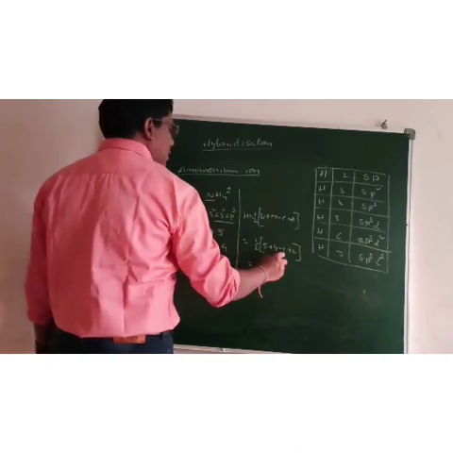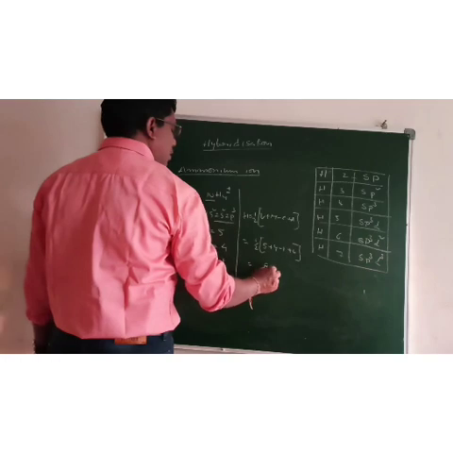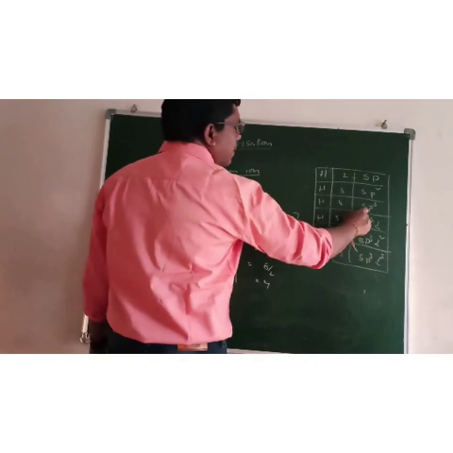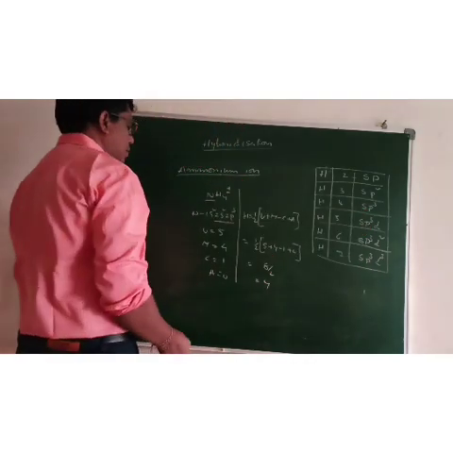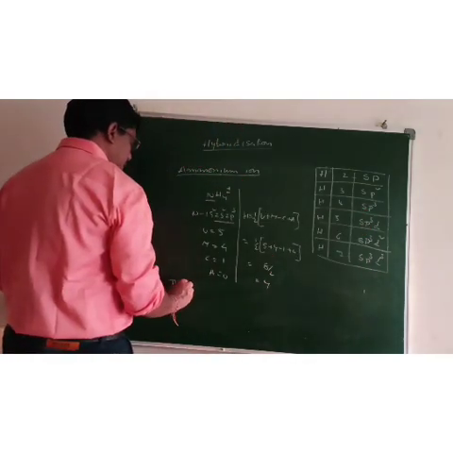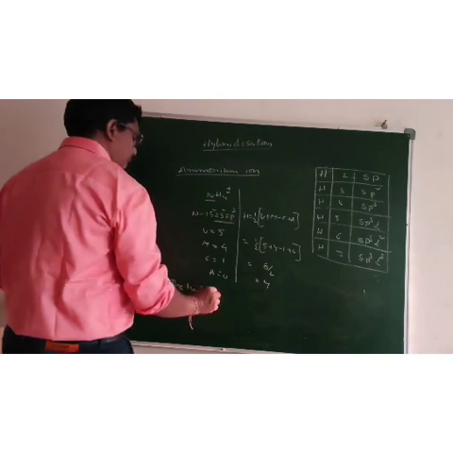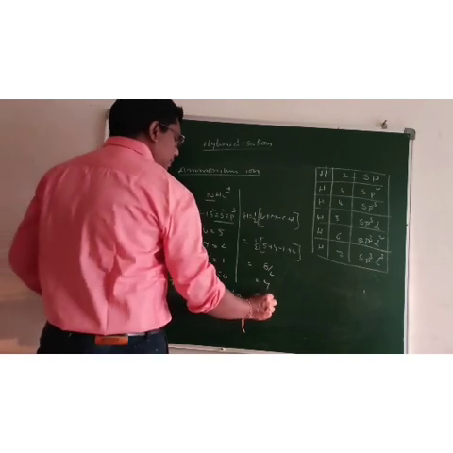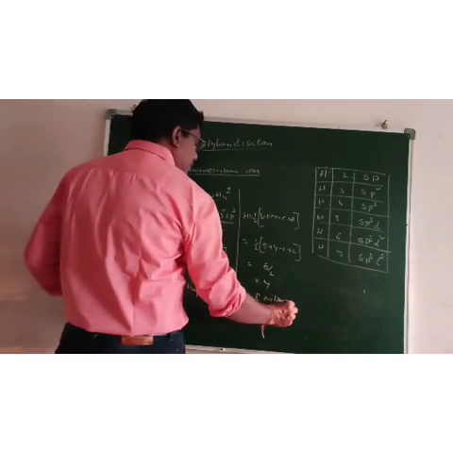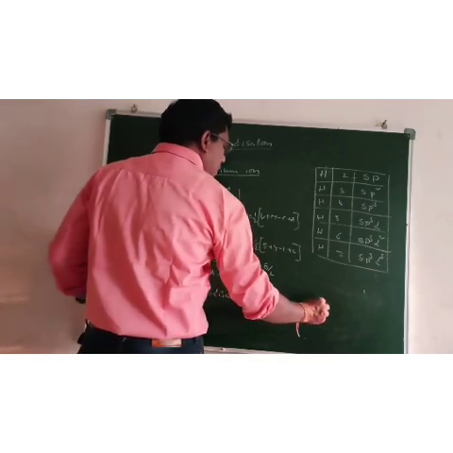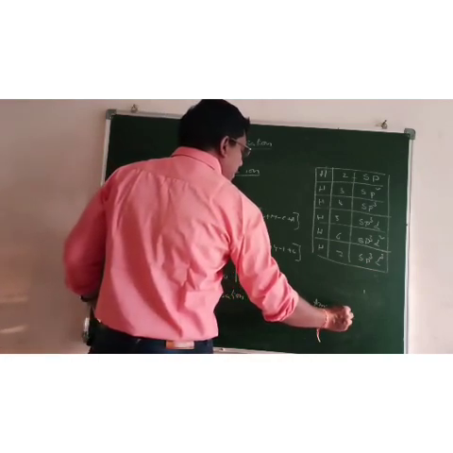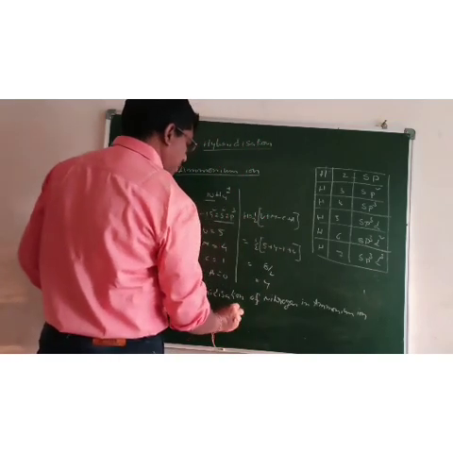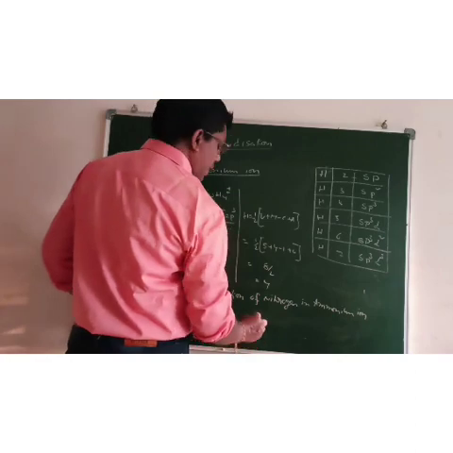So 5 plus 4 minus 1 is 8, 8 by 2, H value is 4. If the H value is 4, then the hybridization is sp3. So the hybridization of nitrogen in the ammonium ion is sp3.